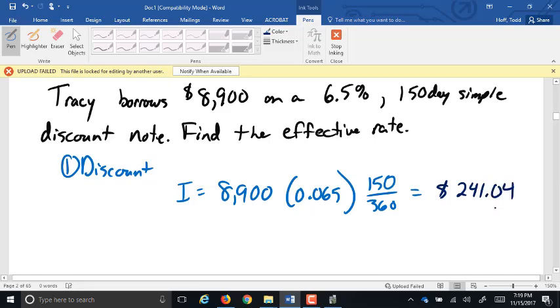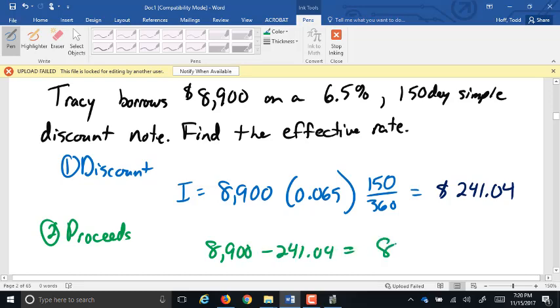Okay. So then the proceeds: $8,900 minus 241.04 is $8,658.96. Correct?